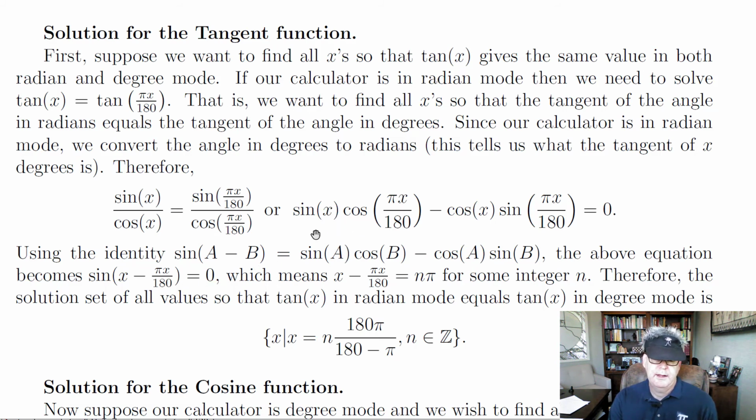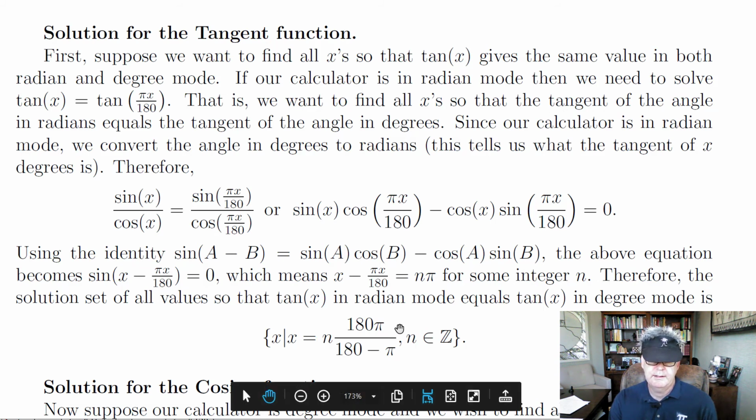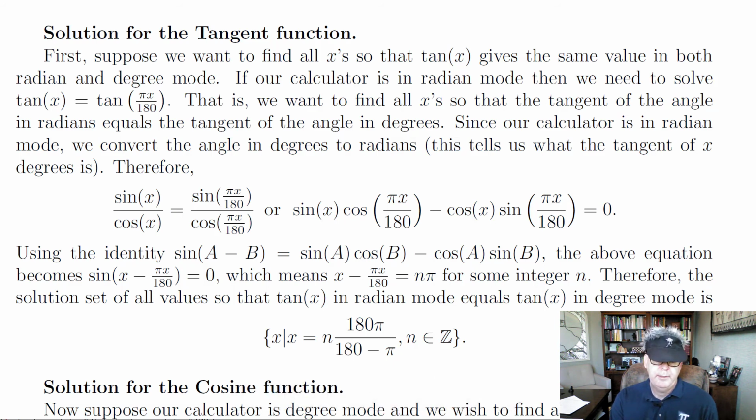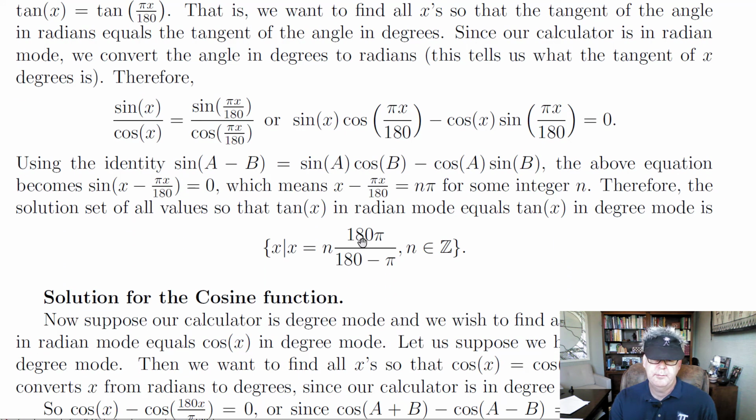So if I have this equal to 0, it's the same as sine of x minus pi over 180 equals 0. And so again, I get that solution I had on paper: pi over 180 minus pi times any integer.